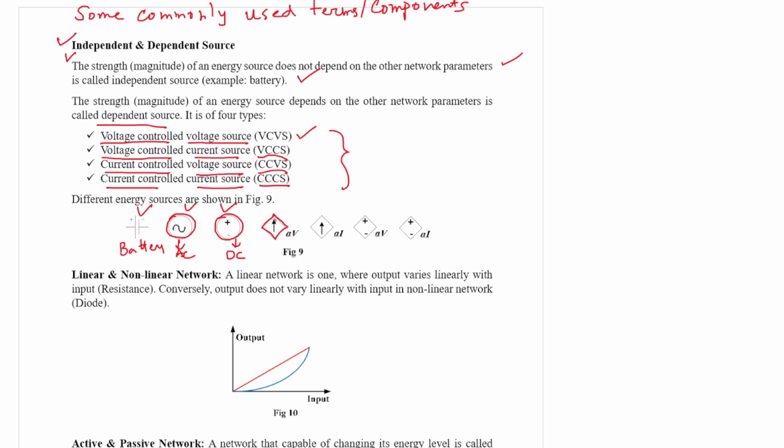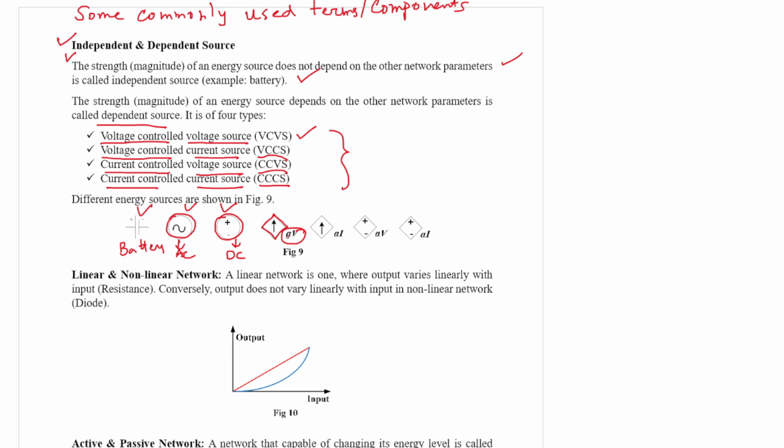So you see this arrow denotes some value of current. So it is actually a current source, but it is written alpha V. What is the meaning of alpha V? That means the magnitude of this current source is dependent on voltage, and alpha is some scaling parameter.